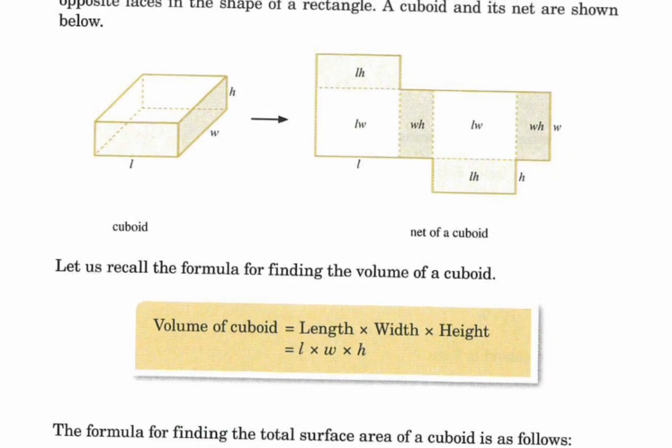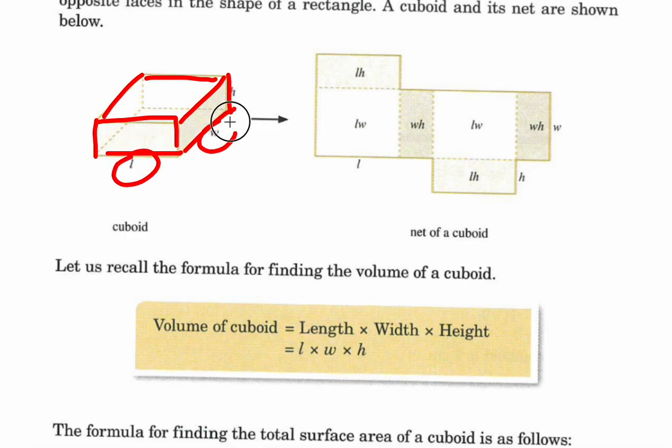Now with volume, just like with your cube, you're going to try and figure out how much space goes inside this cuboid. So all you gotta do is take each of your dimensions and multiply them all together. Length times width times height. For the cube, it was the side cubed, right?